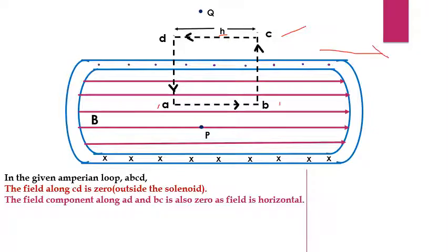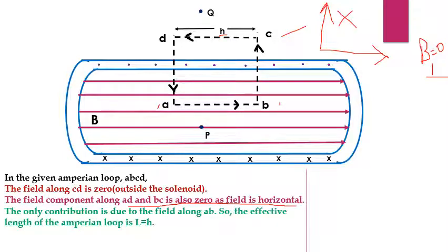That's why the transverse component of the magnetic field here is 0, and hence the contribution from sides AD and BC is 0. So the only contributing side towards the magnetic field is AB.